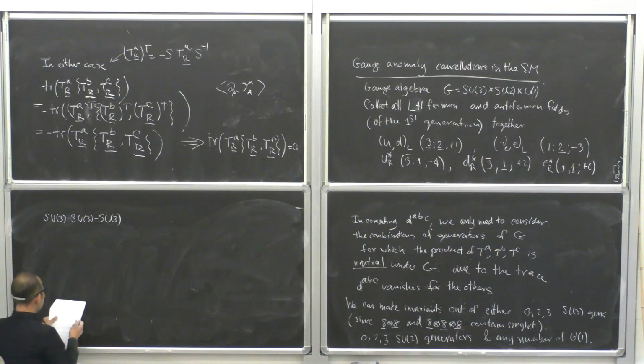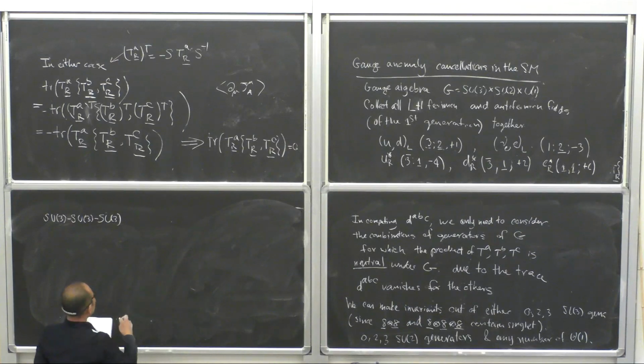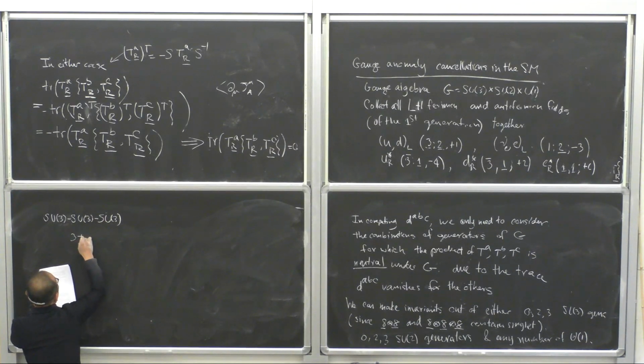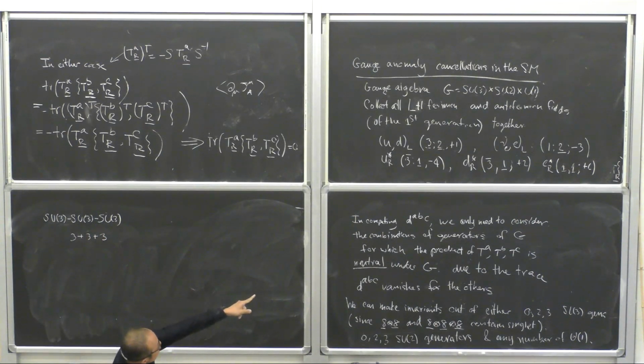So what happened? Look at the table. You have 3 plus 3 bar plus 3.